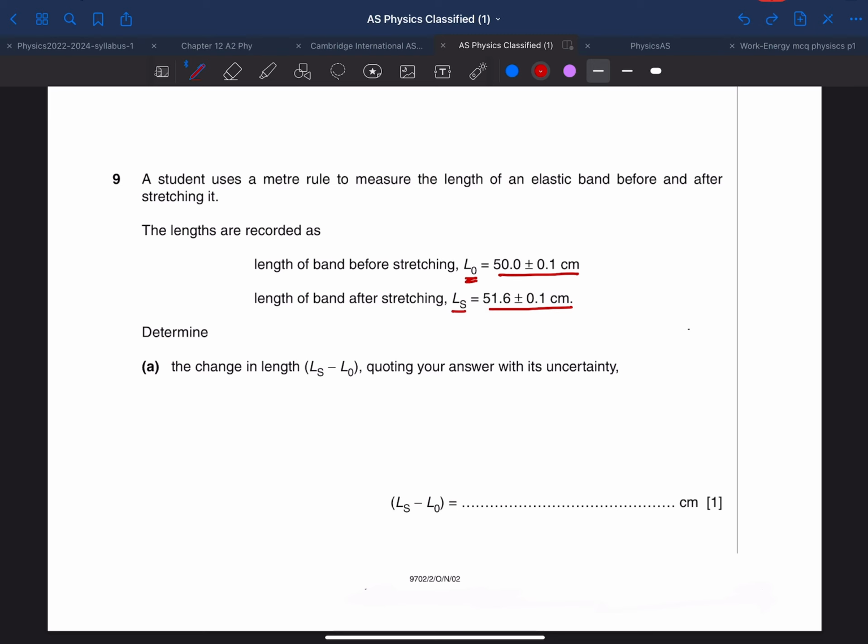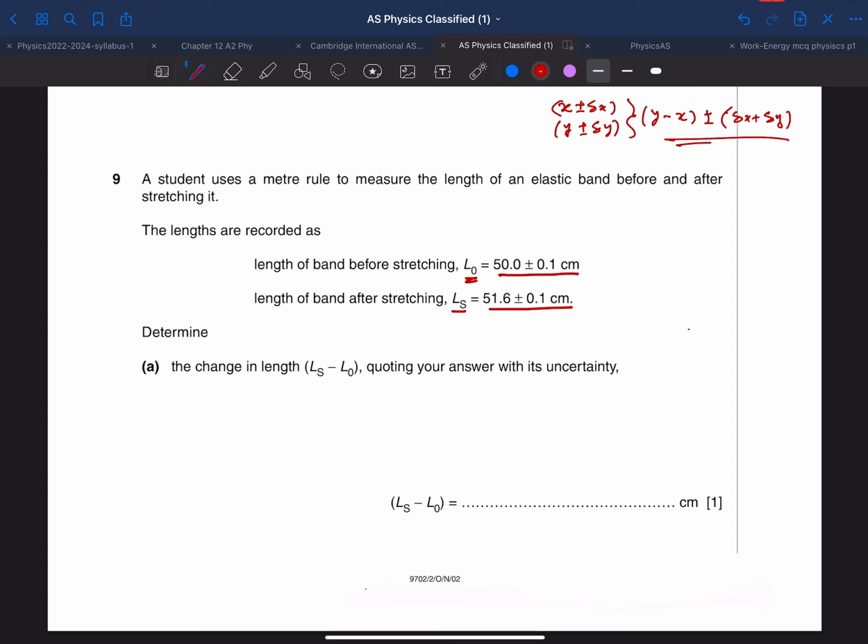If you are considering x plus minus del x, and another quantity y plus minus del y, and you want to subtract x from y, simply y minus x gives you the actual value, and the plus minus gives you the uncertainty in this way: you have to add the absolute uncertainties of the given quantities.